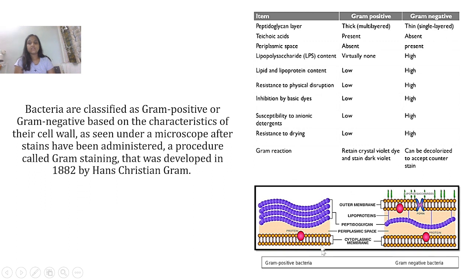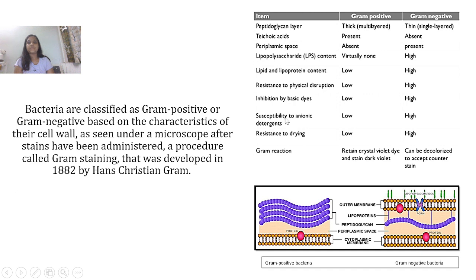There is also presence of the periplasmic space in the gram-negative bacteria, which is not that much in case of the gram-positive bacteria. Then there is high LPS or lipopolysaccharide content present in the gram-negative bacteria, which is absent in gram-positive bacteria.